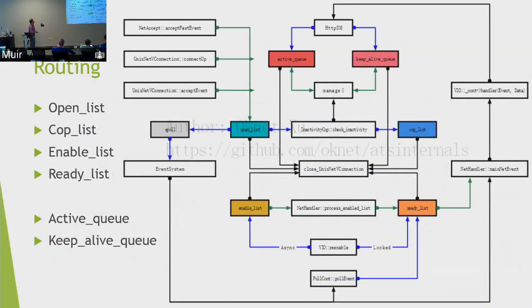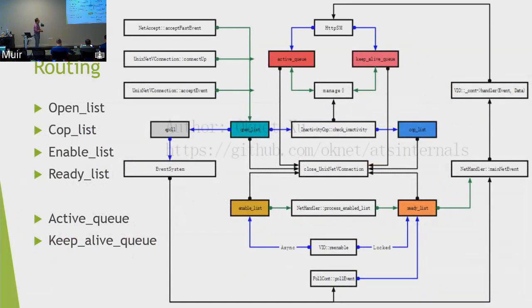So we have four lists in the net handler, starting with the open list. Any open connection VC is put into the open list. For the copy list, the inactivity call runs every second, reloads the net VCs from the open list into the copy list and processes them. The enable list and ready list are used in the net handler and event processor functions.